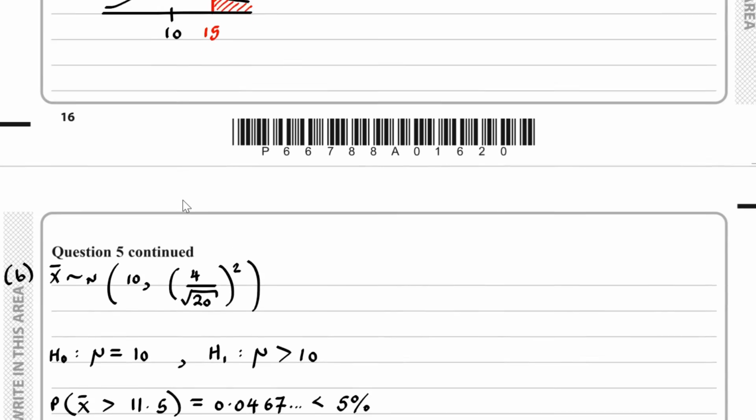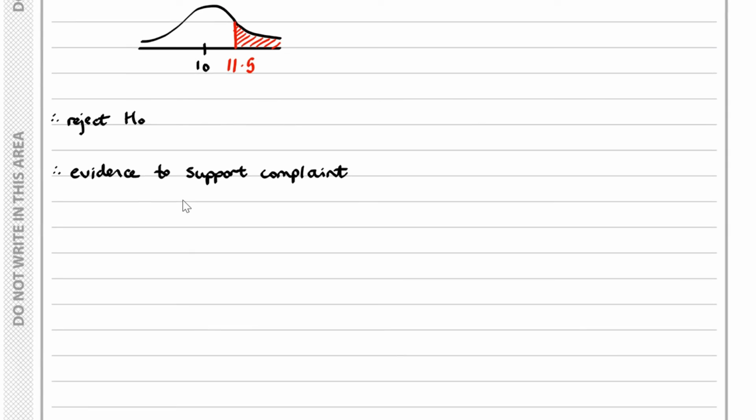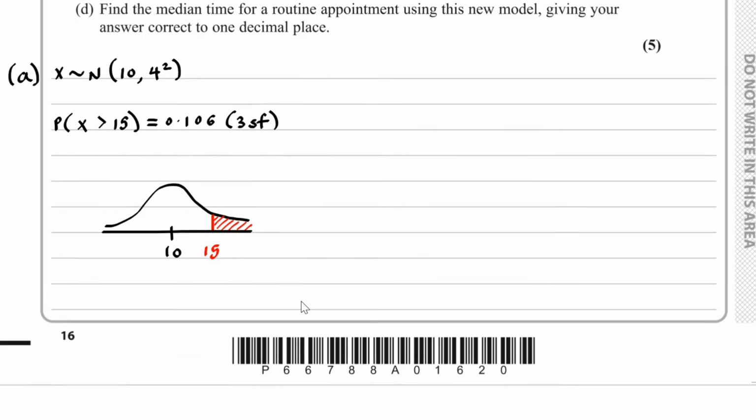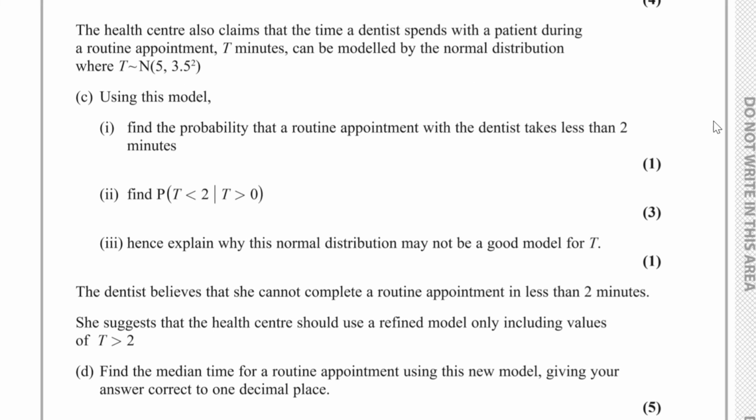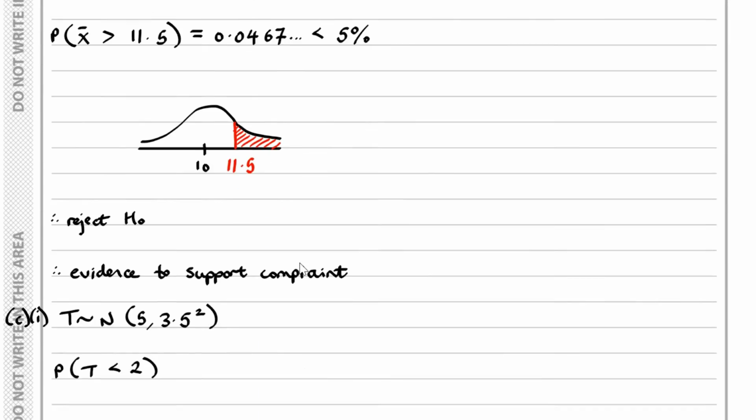So for part C I, we know that t is normally distributed with parameters 5 and 3.5 squared. We're looking at the probability that t is less than 2. Let me double check I've written that right. Yeah, it takes less than 2 minutes.